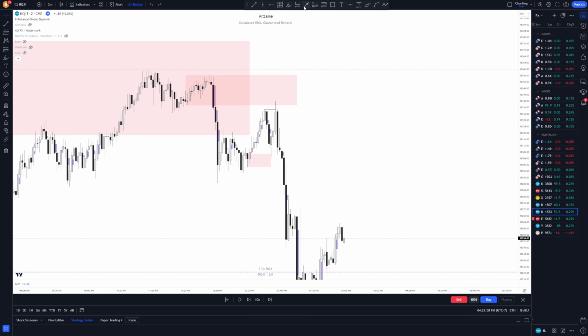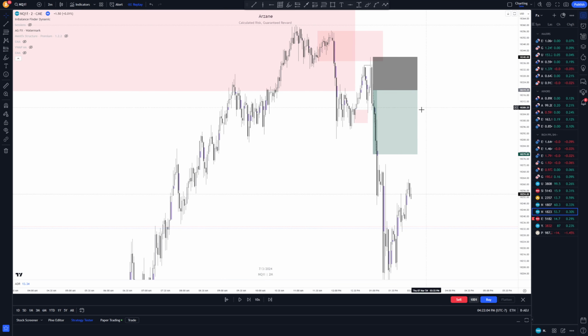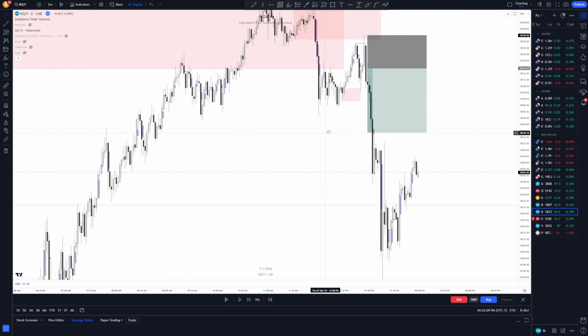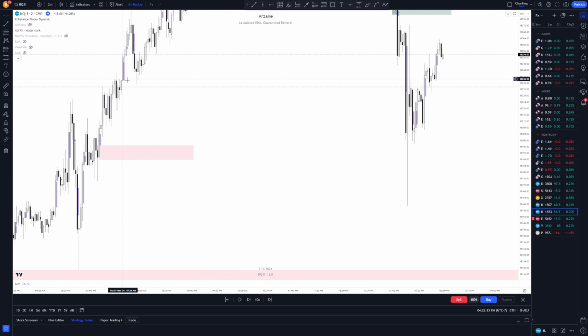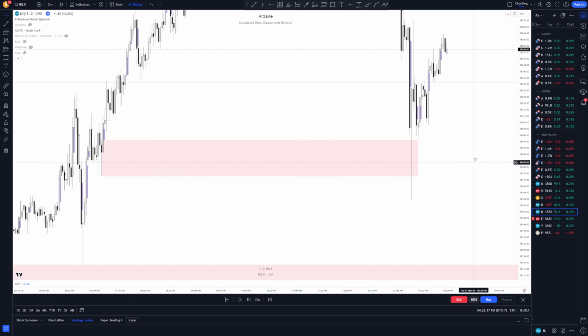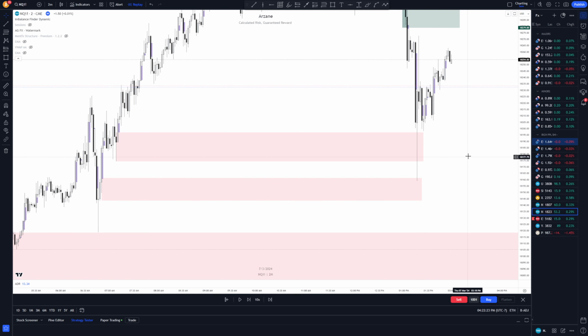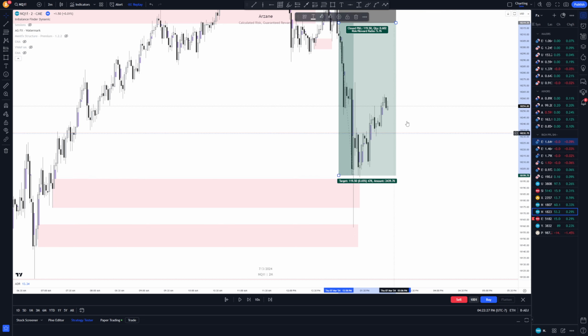So the entry candle would be either right after this close, or you can take the break of the low, and you expect lower prices, and then you target some sort of opposing zone down here. Let's target right here. The opposing zone would be right here, and you can see instead of it going down to here, it wicks right through it, and we go right here to this candle. So you could have actually made a little chunk of change.